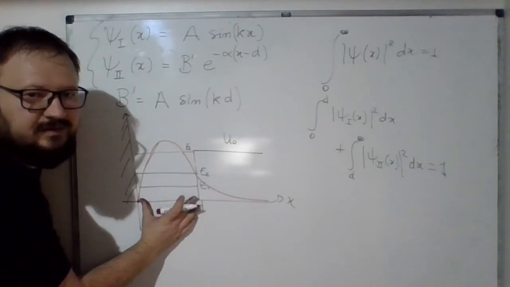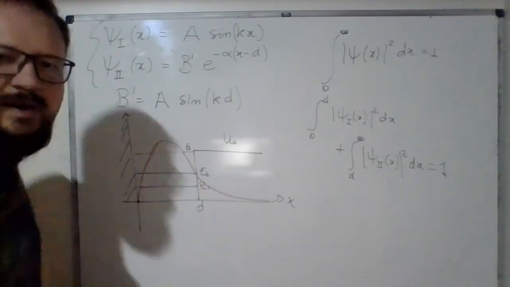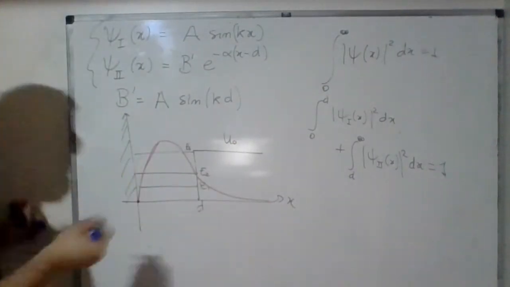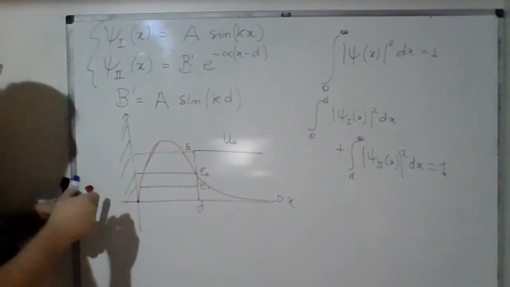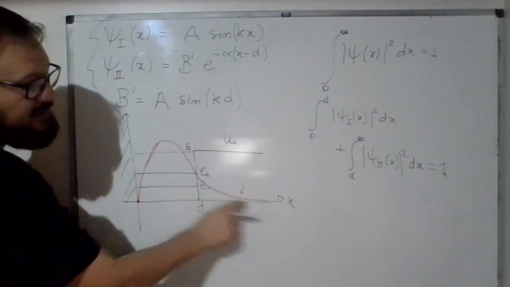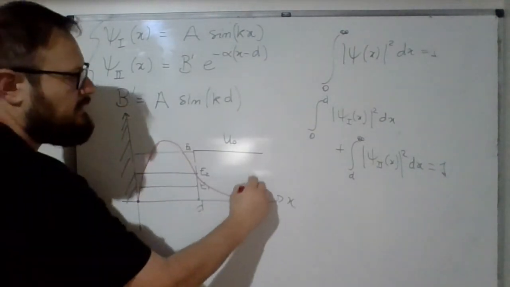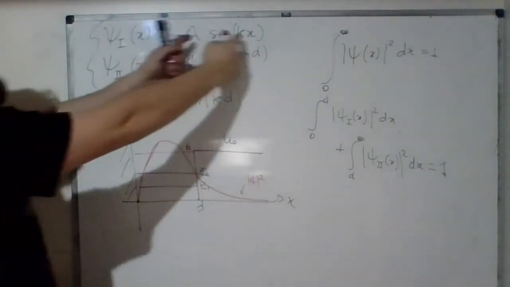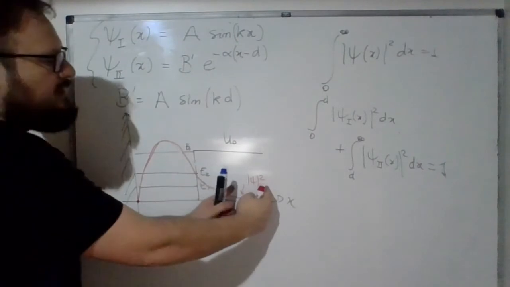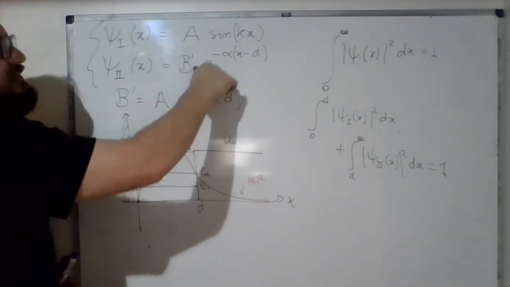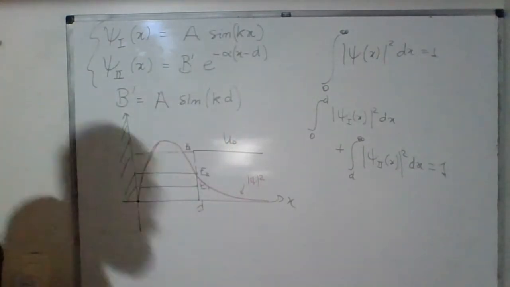The function I'm plotting here, perhaps exaggerating, for the first level is psi squared. So in this region it is a squared sine squared. In the second region it is b prime squared, exponential of twice that alpha value.